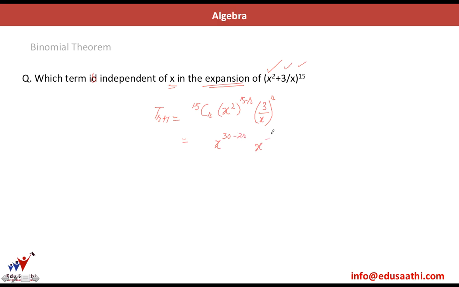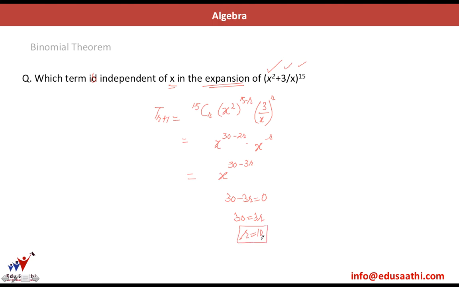I am just looking at the value of exponents of x and not something else. When the bases are same, the powers are added. So it will be x raised to 30 minus 2r minus r, so it will be x raised to 30 minus 3r. Now I want the term to be independent of x. That means this value of the power of the exponent should come out to be 0. That means 30 is equal to 3r, or the value of r should come out to be 10.